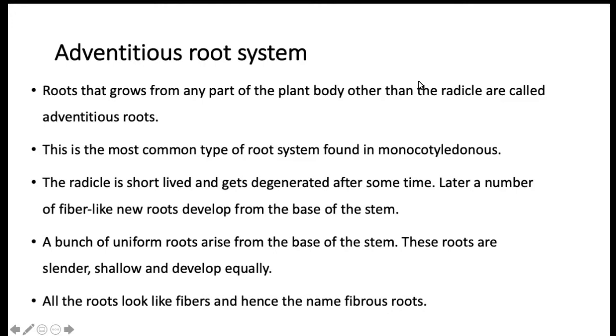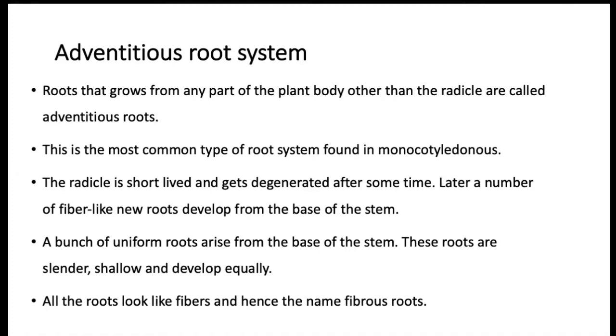Okay. So when the radical is short-lived or damaged, or somehow roots arise from other parts than the radical, this is called the adventitious root system. It is found in monocotyledonous plants. In monocotyledonous plants, when a bunch of adventitious roots arises from the base of the stem, they form a bushy shape of fiber-like roots.